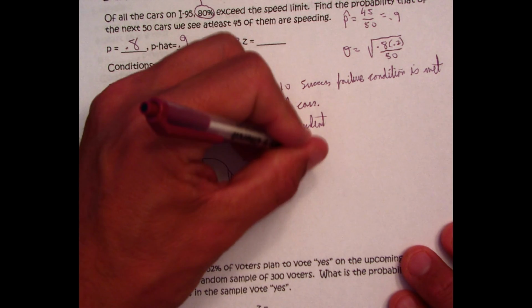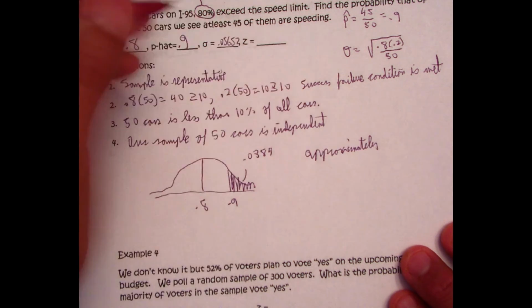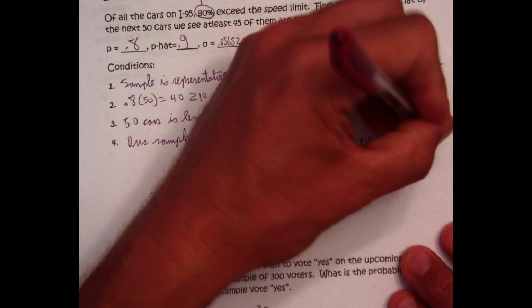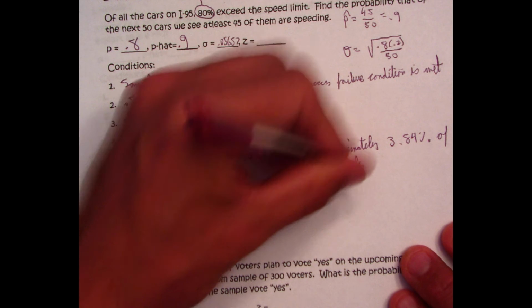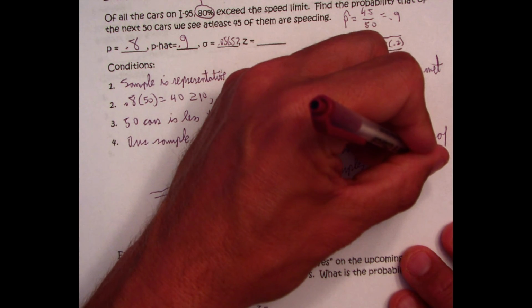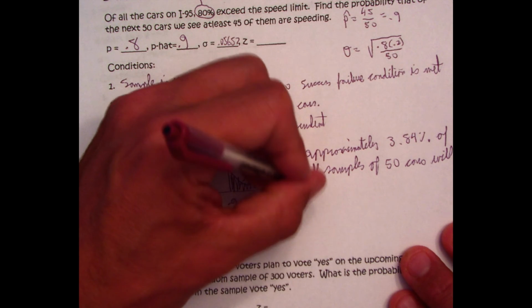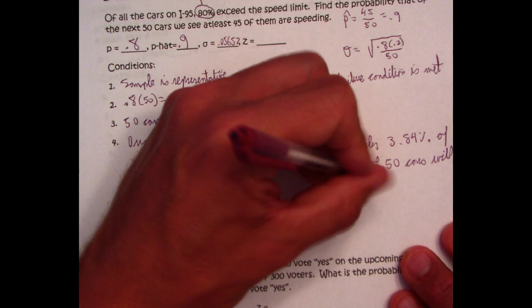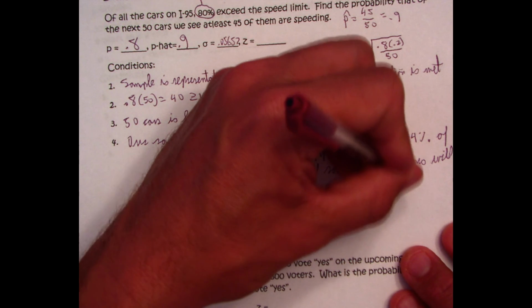So our answer would be approximately 3.84% of all samples of 50 cars will have at least 45 speeding.